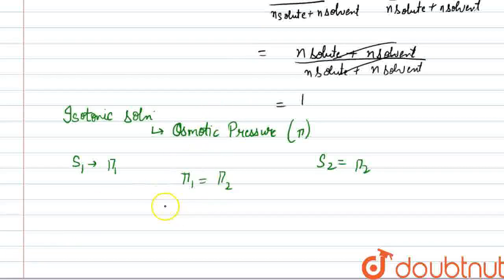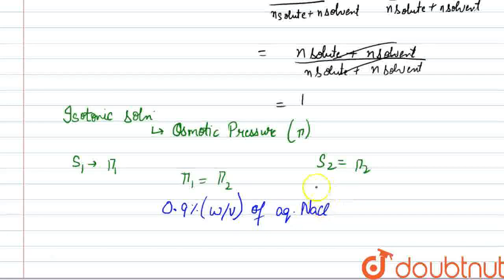One example is 0.9% weight by volume aqueous NaCl, which is isotonic with blood. It means that they have the same osmotic pressure. So this is the isotonic solution.